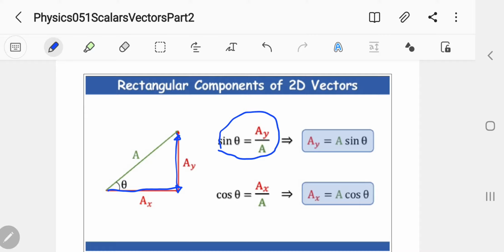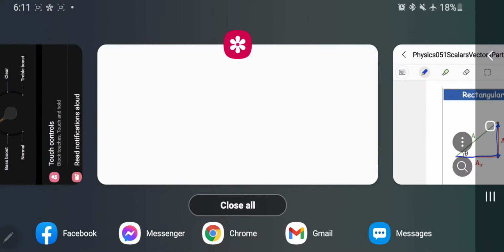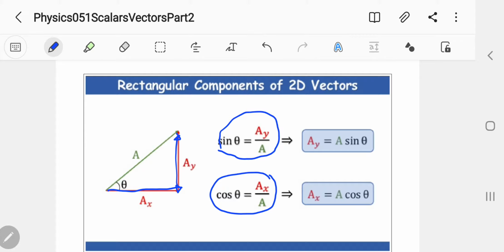That's just arc sine of ay over a. Or you can also use the cosine. The component of a along x is just a cosine theta. So you have ay is equal to a sine theta, and ax is equal to a cosine theta.